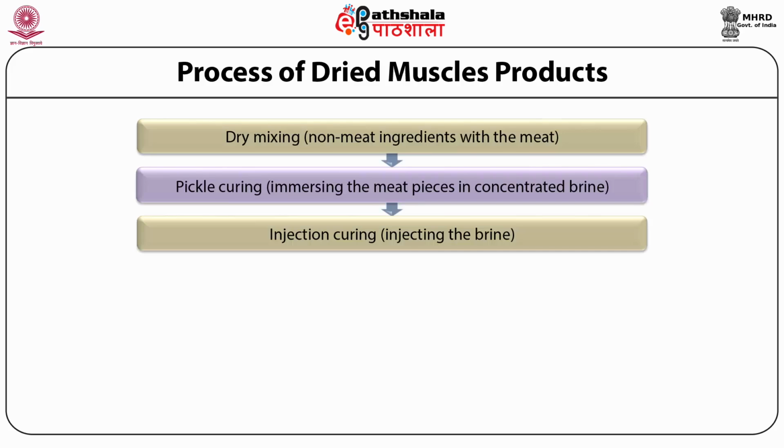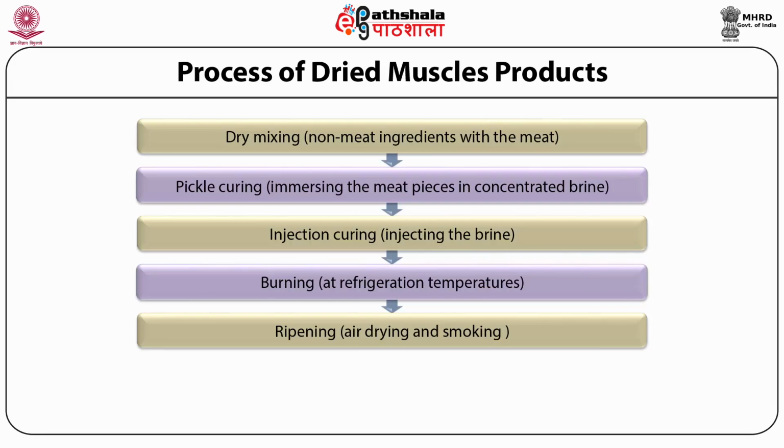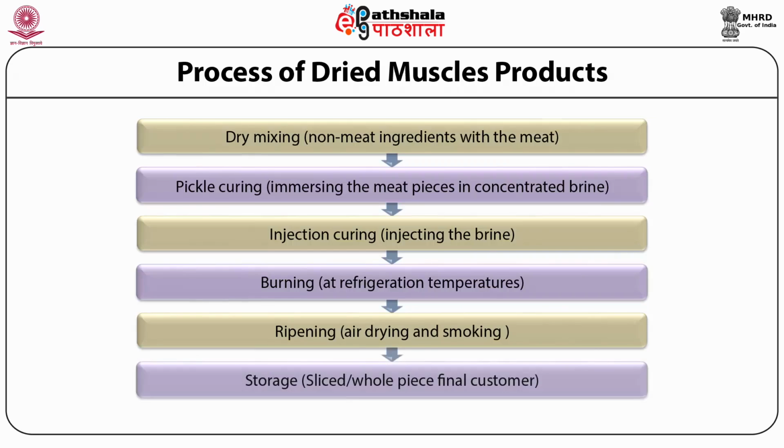After the initial salting, the product is held for some period of time at refrigeration temperatures for salt and cure penetration, the burning period. The product undergoes a maturation period, air drying and smoking if desired, and storage. The final product is either then sliced and packaged for sale or sold in the whole piece form for slicing by the final customer.